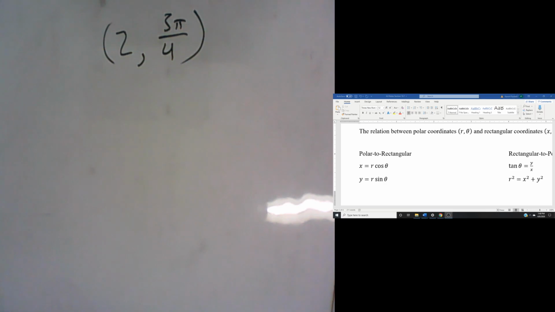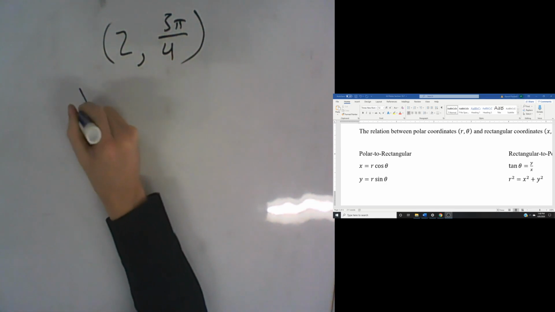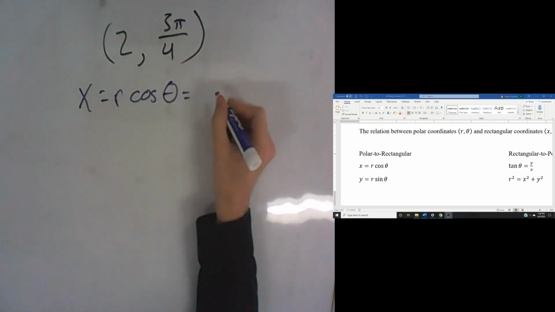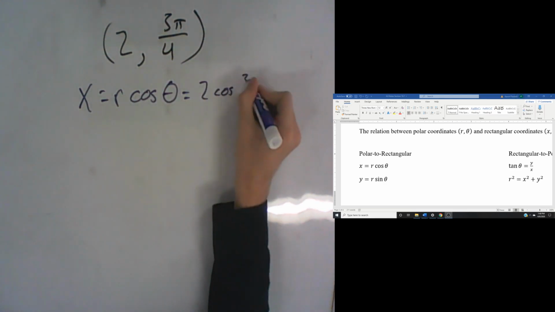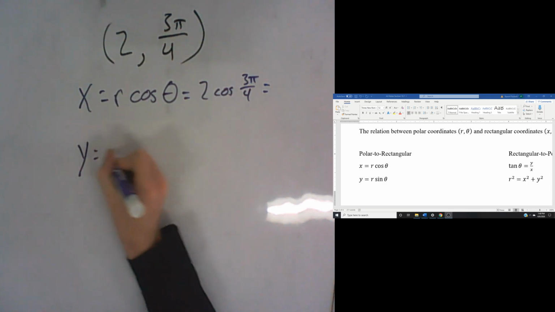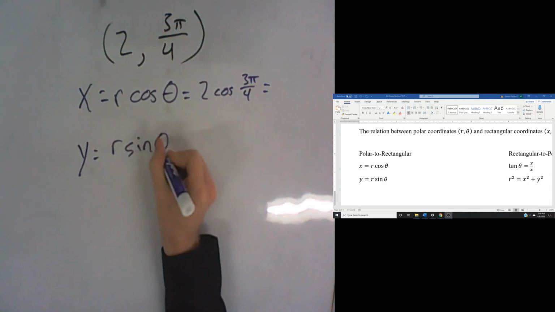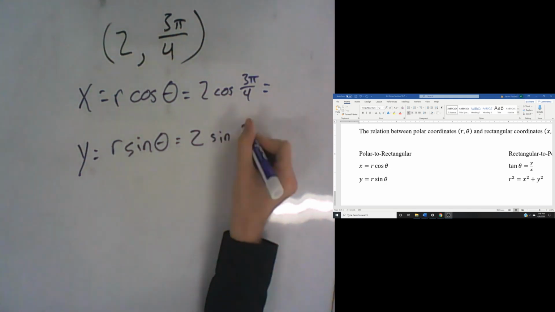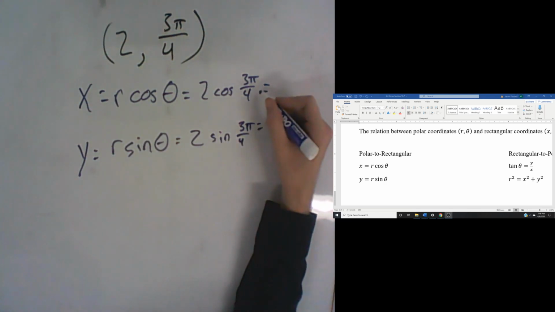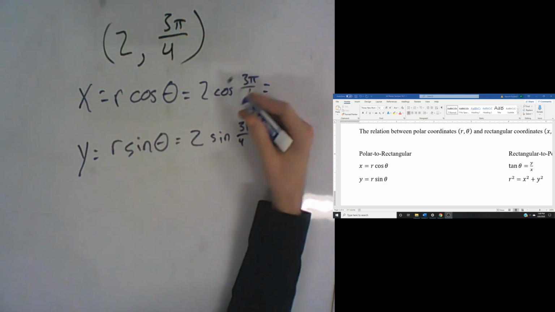Okay, what'd you get? What's the answer? So x equals r cosine theta. So you get 2 cosine of 3 pi over 4, and y equals r sine of theta, 2 sine of 3 pi over 4. 3 pi over 4 is in quadrant 2, so x is going to be negative.